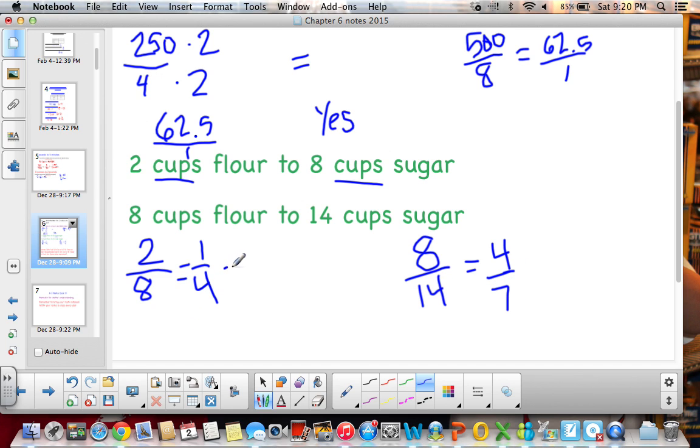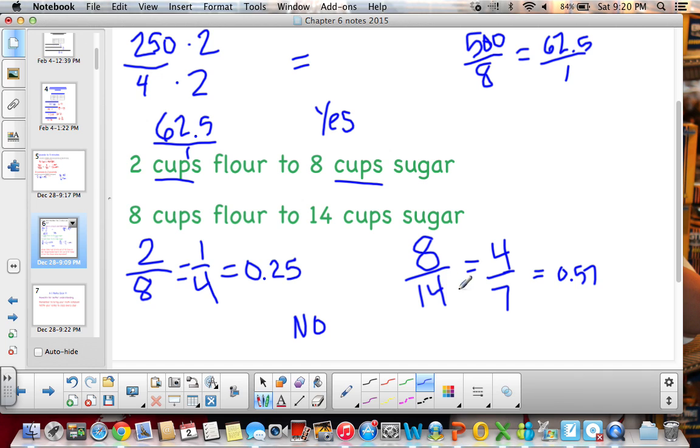And I know that 1/4 is 0.25. Sometimes it's hard to figure out, obviously they are different, but sometimes it's hard to figure out which is greater or smaller. So if you convert it to a decimal, 4 divided by 7 is 0.57.